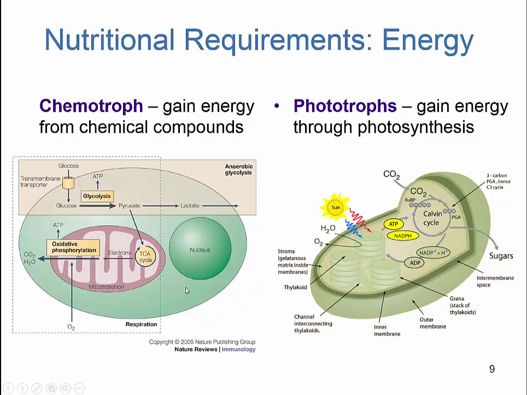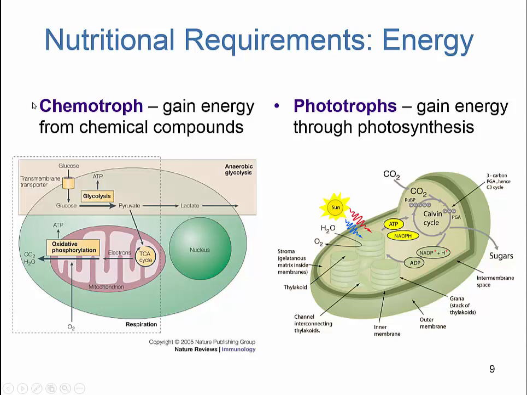At the conclusion of this cycle, you're going to move into the electron transport chain or oxidative phosphorylation. This process is really the energy store for the mammalian cell, and it is going to provide us with 30 to 32 ATP, depending on efficiency.